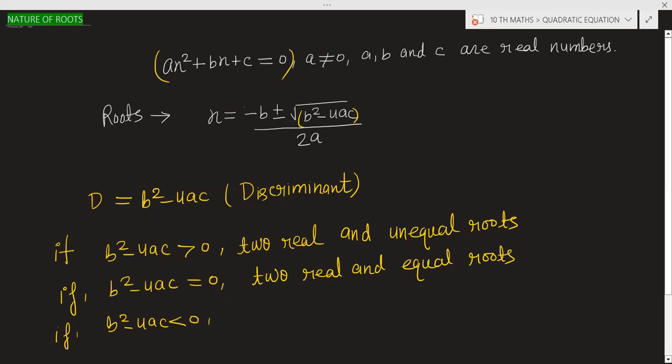So if this is a condition in which b square minus 4ac is less than 0, then the quadratic equation has no real roots.